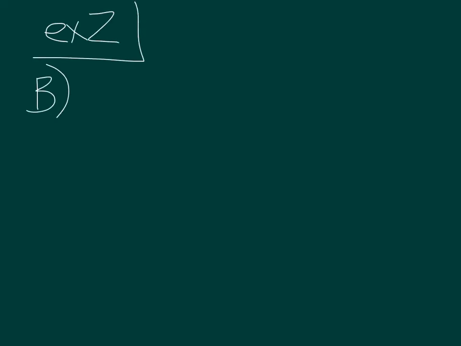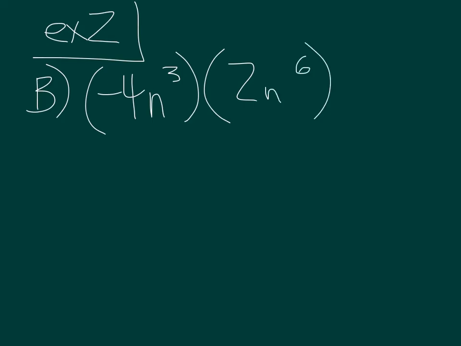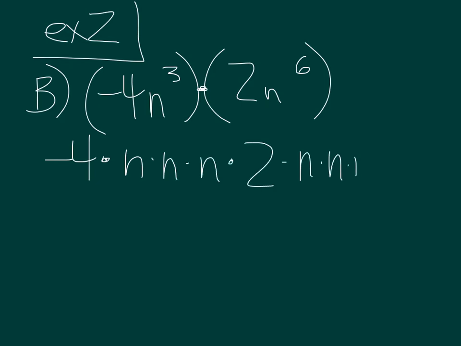This one says negative 4n to the third power times 2n to the sixth power. So really, you don't have to have the parentheses in there. These are just multiplying. We could break this down, though you don't have to do this. This is negative 4 times n times n times n times 2 times n, n, n, n, n, n.